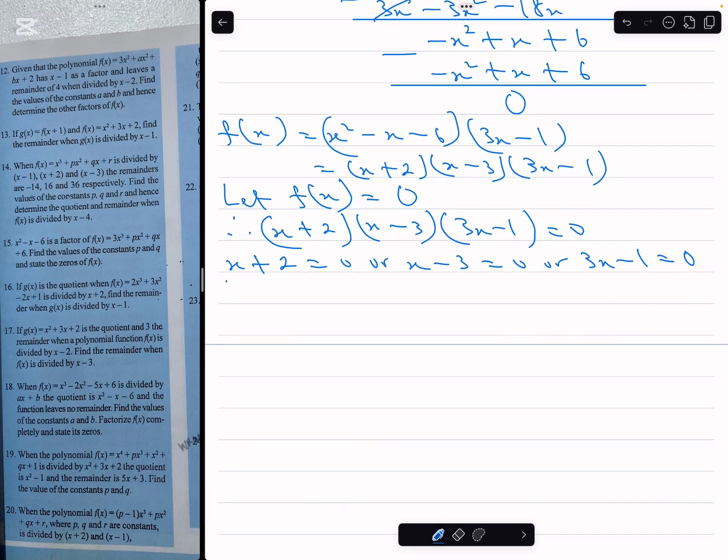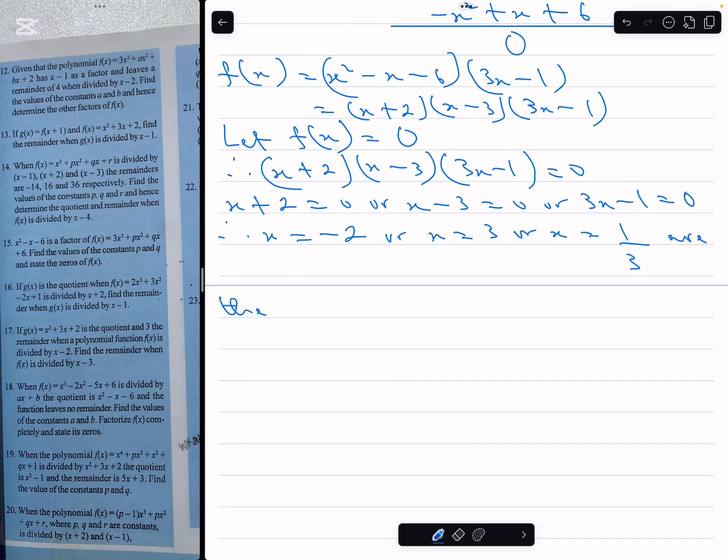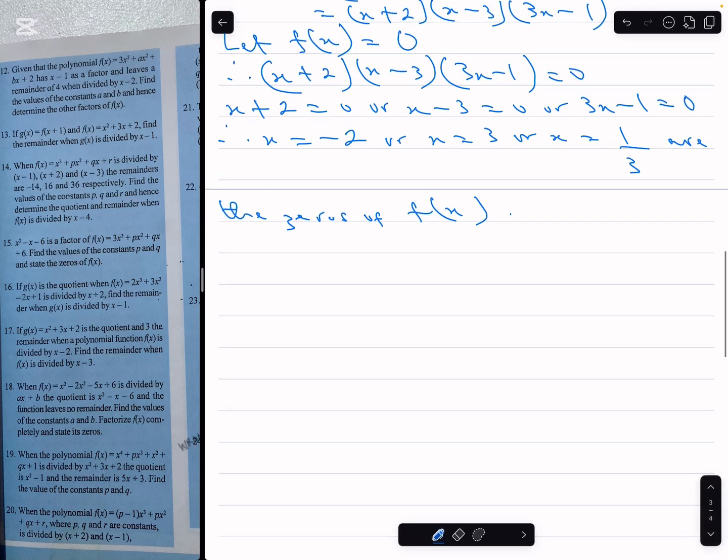That means x equals minus 2, or x equals 3, or x equals 1 over 3. Therefore the zeros of f of x are minus 2, 3, and 1 over 3. Those are the zeros of f of x. And that's it, very simply.